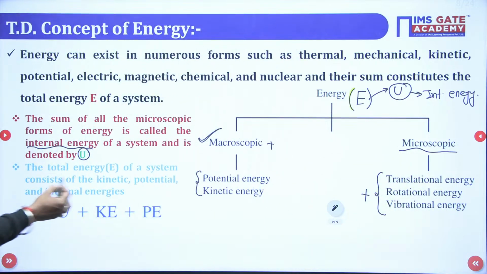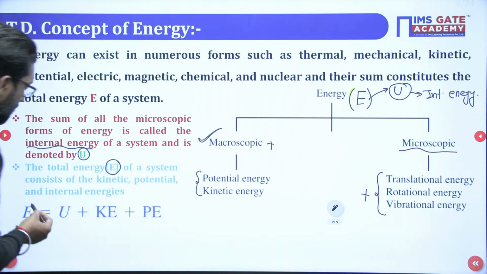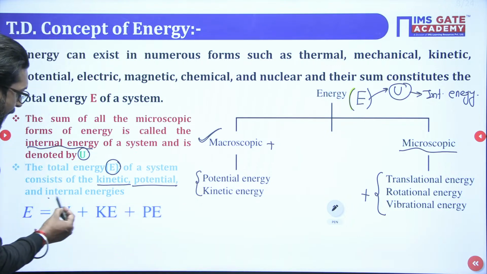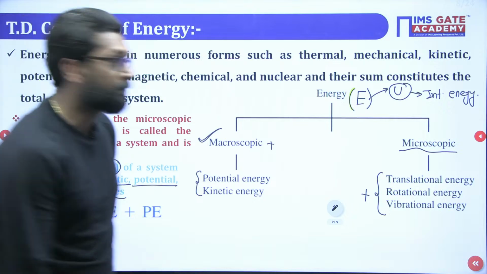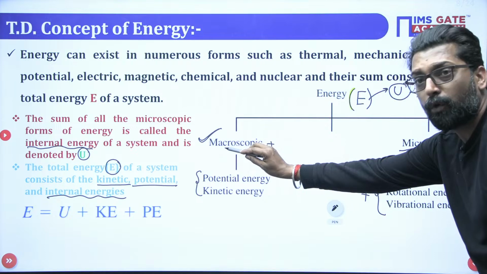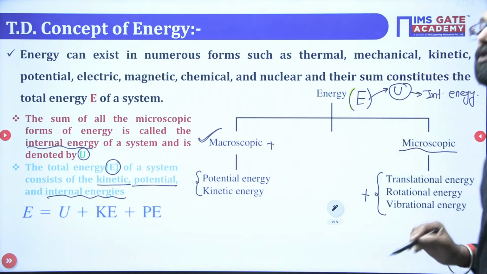Okay. Now the total energy E of a system consists of kinetic energy, potential energy and internal energy. That means this total energy E is the sum of macroscopic energy and microscopic energy.